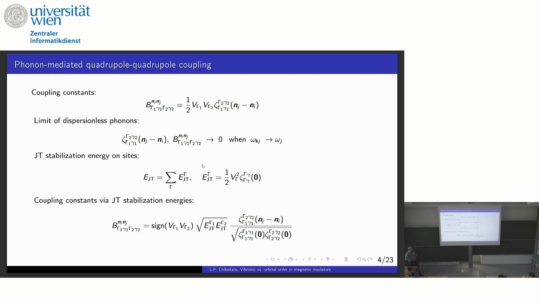And you can express the phonon-induced coupling between different sites via these Jahn-Teller energies and this kind of function, which we call a mediation function. And if you have no dispersion of phonons, this part disappears. This is natural. So we have elastically uncoupled centers.